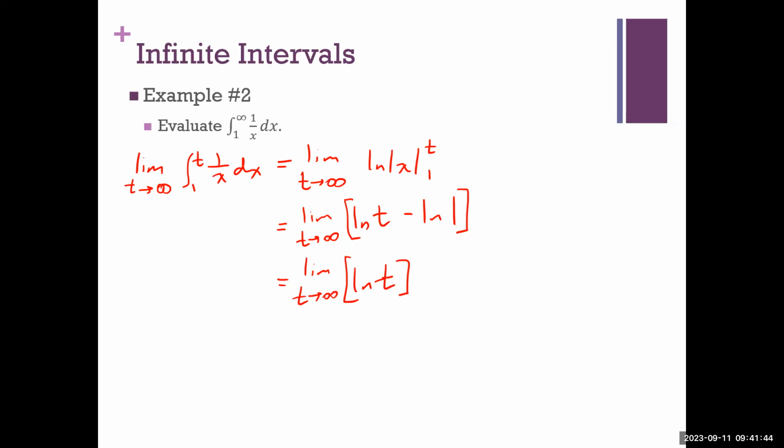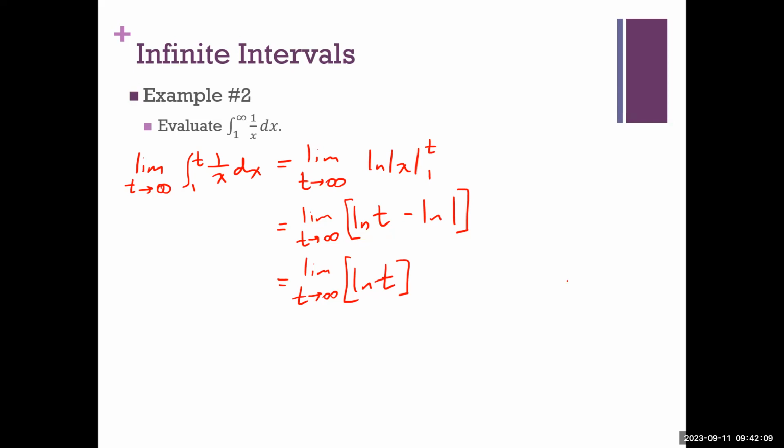What happens to natural log of t as t gets arbitrarily large? It gets larger and larger, right? Does it have a limit? No, it grows without bound, right?